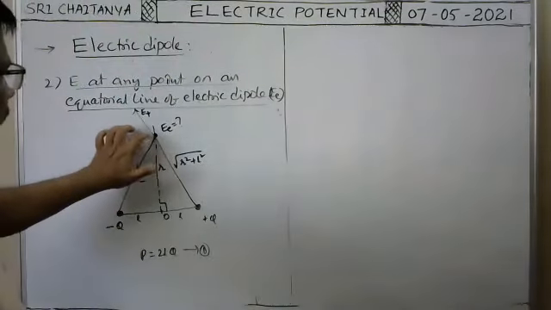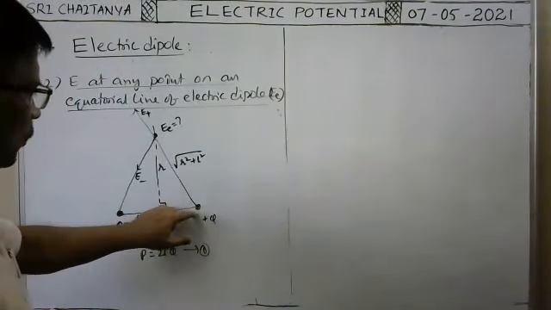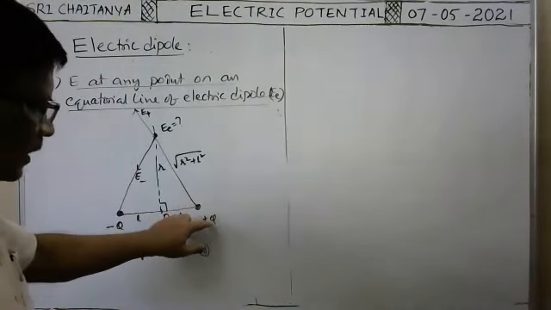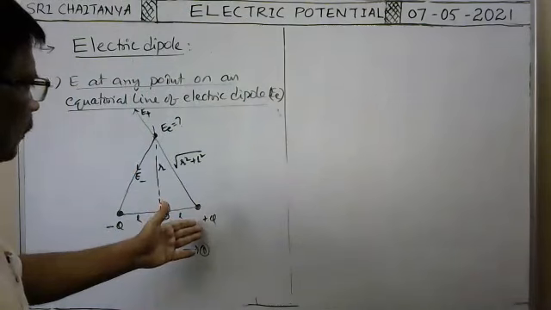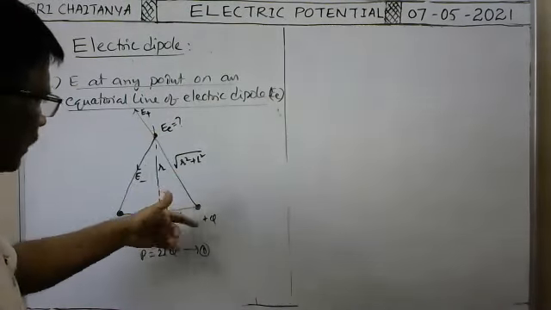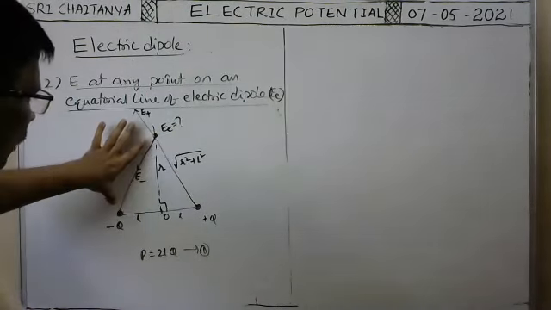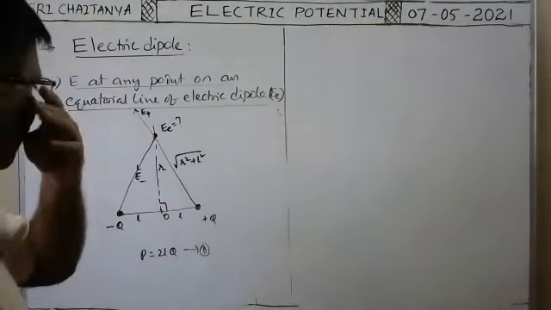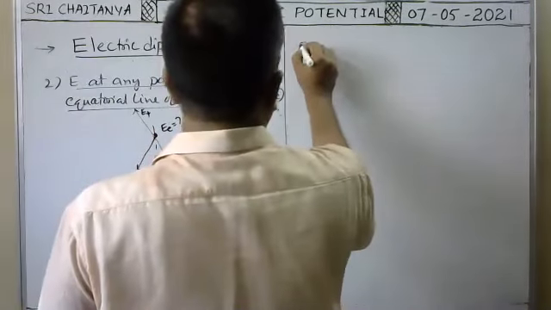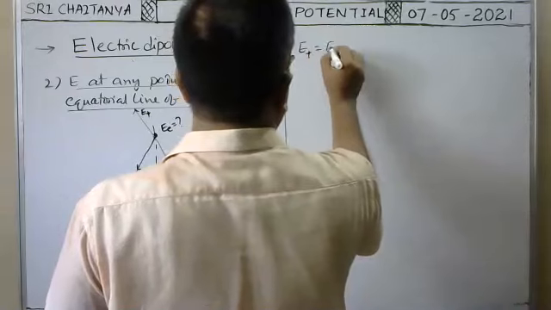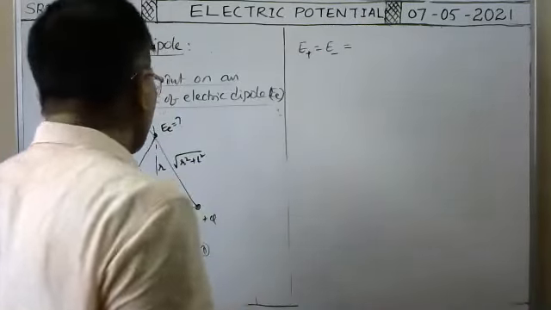Here, the charges have the same magnitude, and the distance of this point from each charge is also the same. That's why the intensities of electric field due to the positive charge and the negative charge remain the same in magnitude. What is that value?